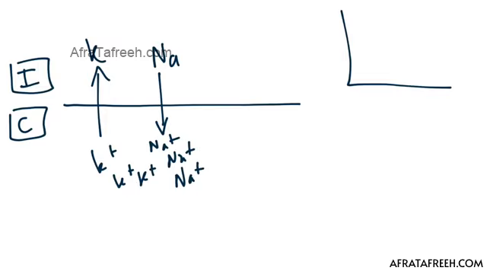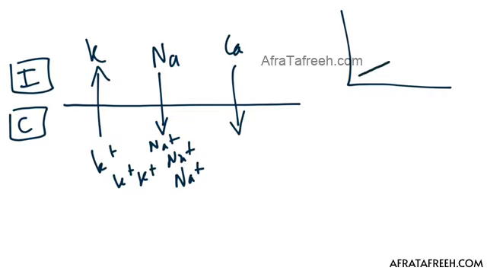Eventually, the voltage becomes more positive and the voltage-sensitive calcium channels open. Recall that calcium influx is responsible for the upstroke of a pacemaker action potential. So we have sodium and potassium accumulating in the cell, and once we reach threshold, the calcium channels open, and we have the upstroke.